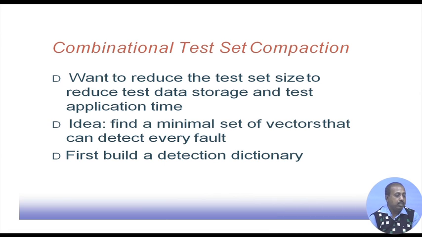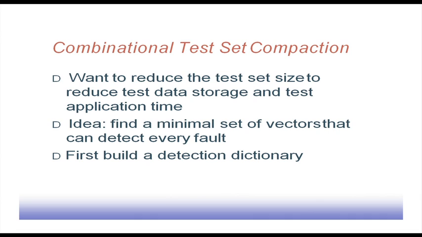What is required is that we want to reduce the test set size to reduce test data storage and test application time, because the cost of the automated test equipment or ATE depends on the amount of memory it needs and the number of channels that are there, and naturally the test time.